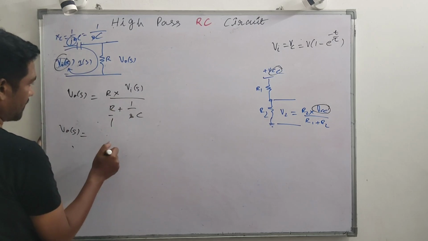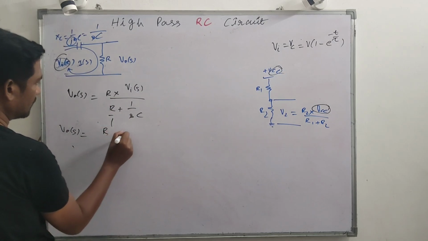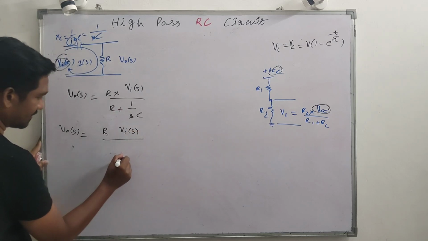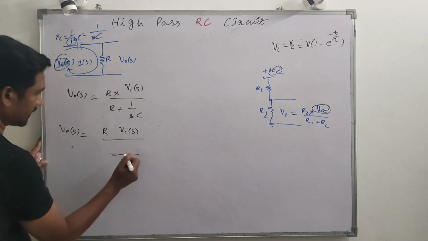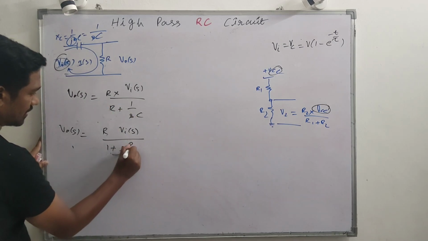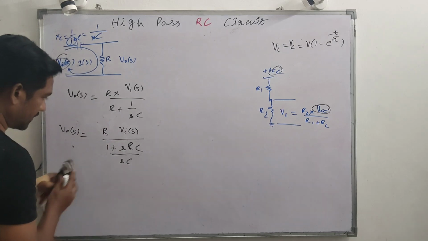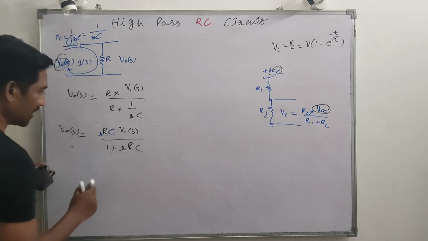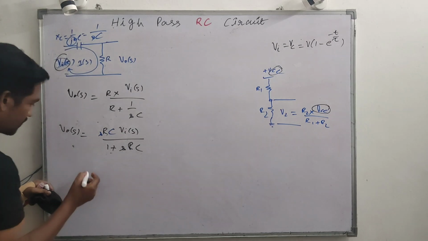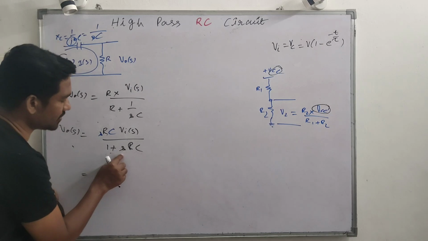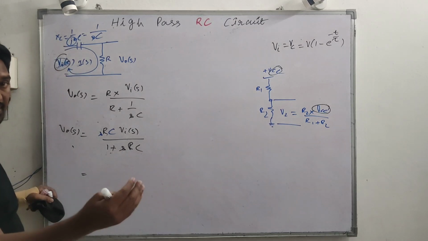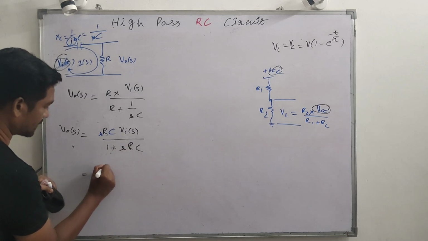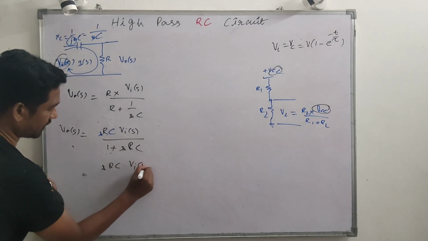If you simplify this, what do we have? R Vi(s) as it is, and the LCM will be sC over here, 1 plus sRC. This sC goes up. So this is the expression, and there is a small simplification over here, reducing this equation into a more standard form, mentioning the pole. sRC has no change, Vi(s) has no change.